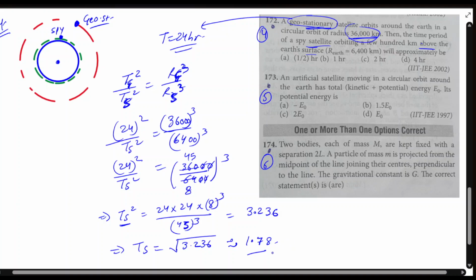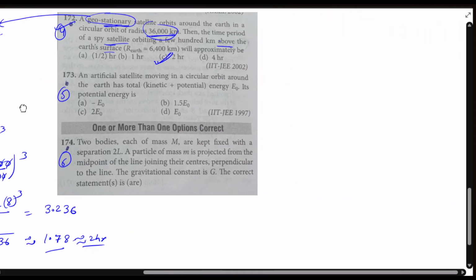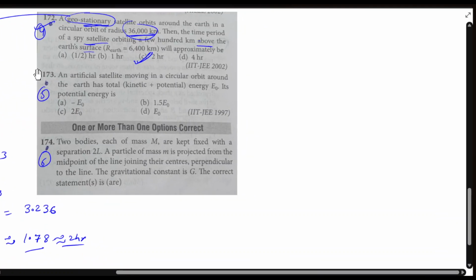Okay, 1.78 will be 2 hours. So C will be the option, right? So quite an easy question, but look, this is the only problem with the gravitation chapter, that the calculation will be lengthy. Okay, so we can't do anything here. Let's move on to our fifth question.